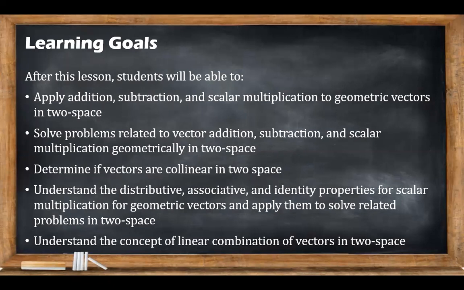Determine if vectors are collinear in two space, and understand the distributive, associative, and identity properties for scalar multiplication for geometric vectors, and apply them to solve related problems in two space. And last, understand the concept of linear combination of vectors in two space.